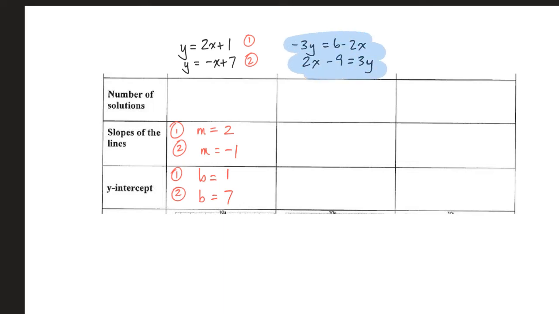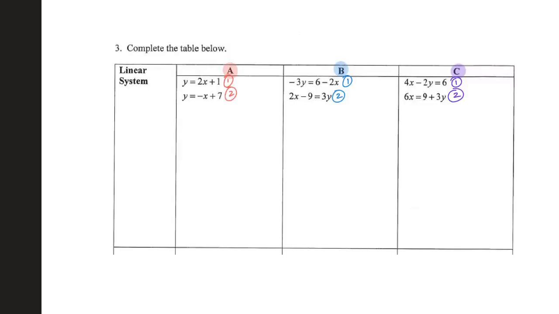Like, I can't read my slope directly from those. So maybe for column B is where we jump back up into our table, and then we had to do a little bit of work. So we're going to jump back up to the top portion of that table to do a little bit of rearranging.